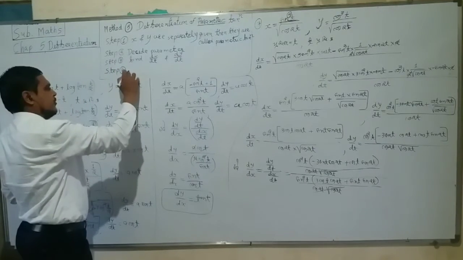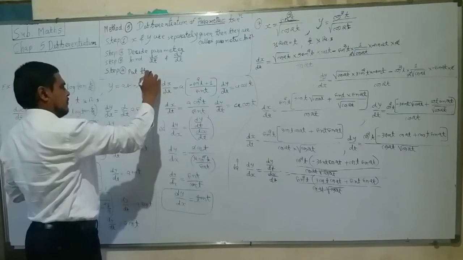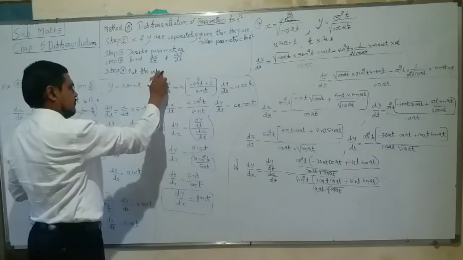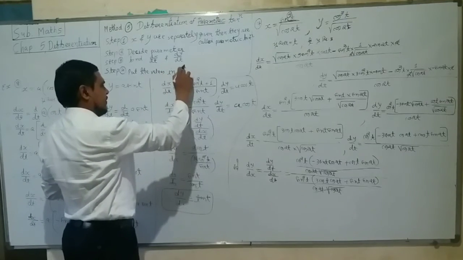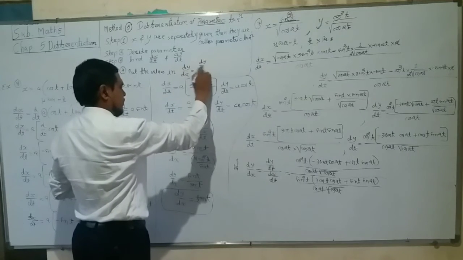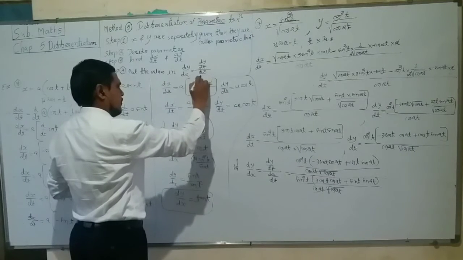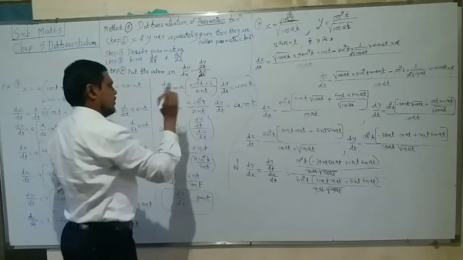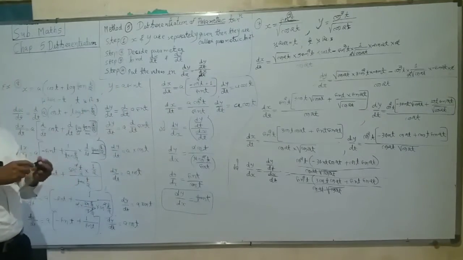Then put the values in dy by dx is equal to dy by dt upon dx by dt.